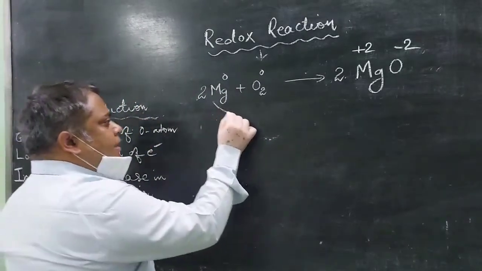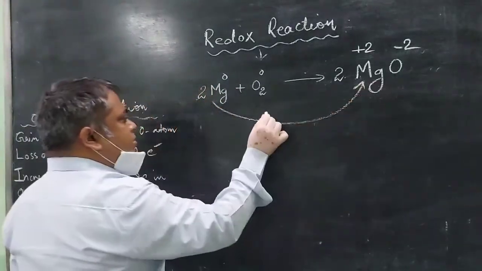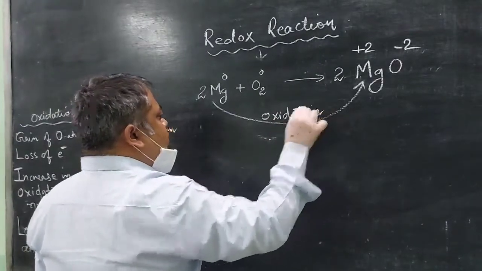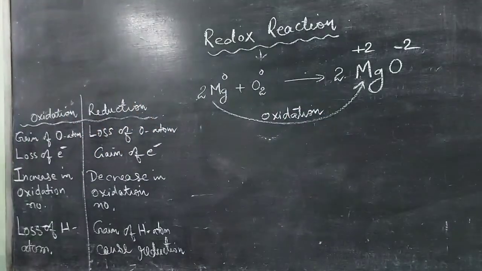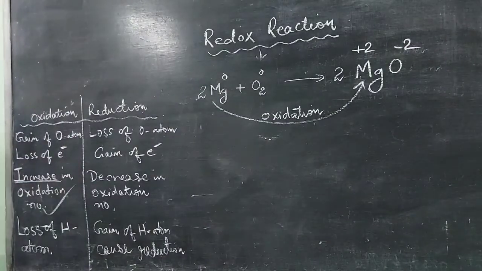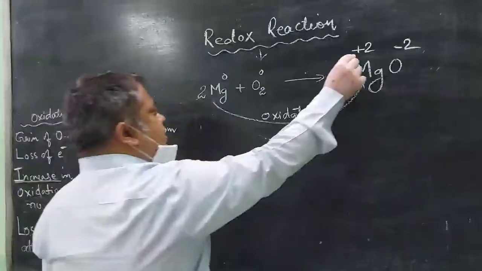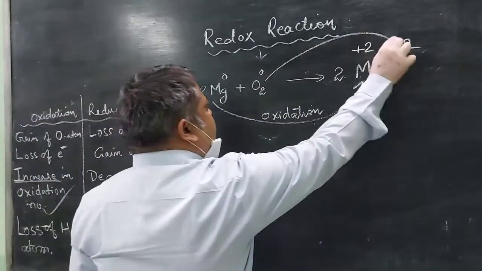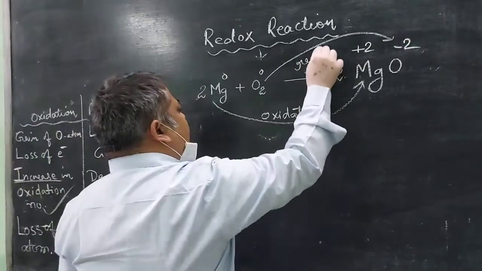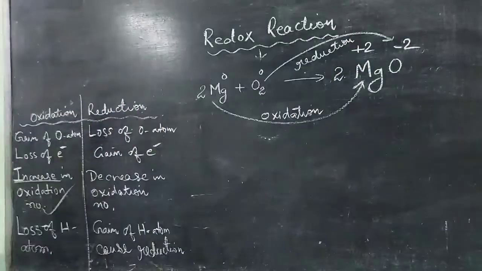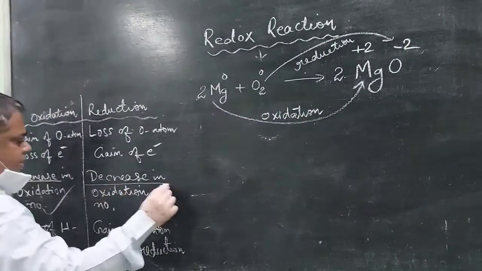So magnesium is undergoing oxidation because its oxidation number is increasing. And oxygen is undergoing reduction because oxygen's oxidation number is decreasing.